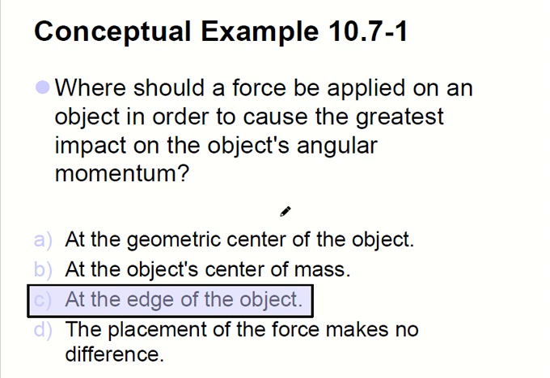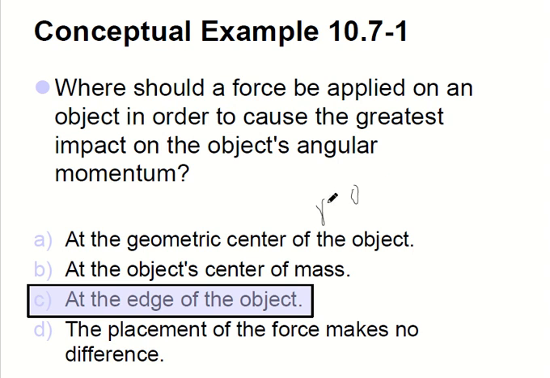The very first thing we have to think about when we deal with angular momentum is where the reference is. Here, at the geometric center of the object, your r is going to be 0, or very, very small, because your reference is at the center. Usually r, the distance away from the reference point, gives you the torque.